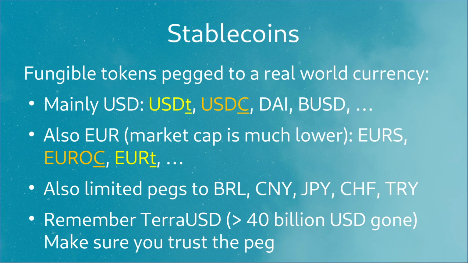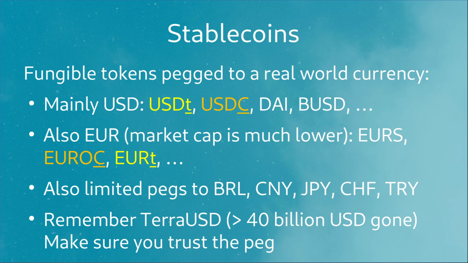I also want to warn about the case of Terra, which is a stablecoin that was pegged to the US dollar and that collapsed. What happened there is Terra worked together with another cryptocurrency called Luna, which was not a stablecoin, and the peg of Terra to the dollar was maintained like this: if the price of Terra rose above $1, then Terra was sold to buy Luna at a price of $1.